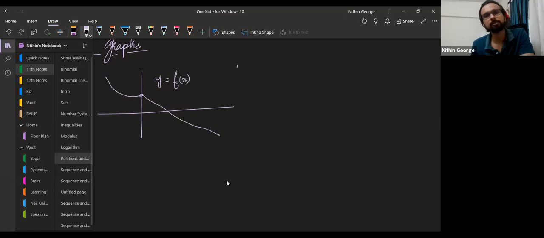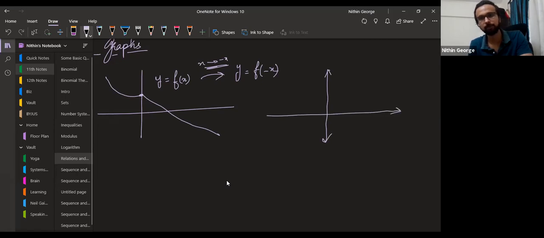What I want you to tell me is y equal to f of minus x. What will that graph look like? So what happened here? X became minus x. How will the graph of that look? I taught you this in the last class actually, but I want to see how many of you remember.